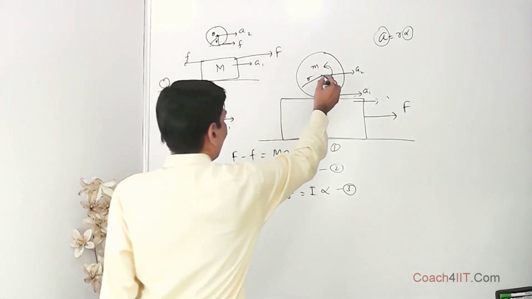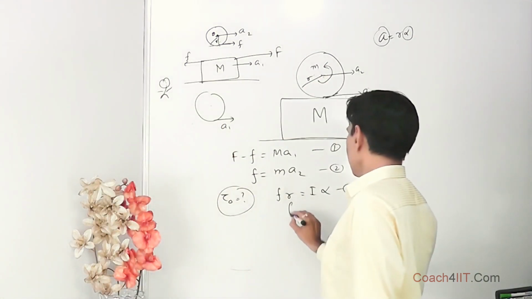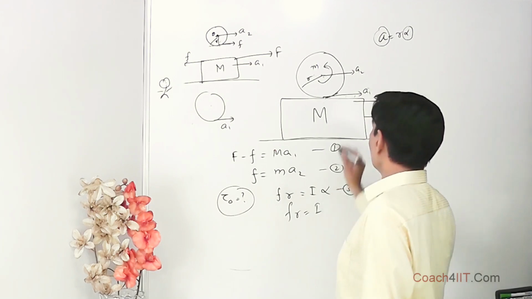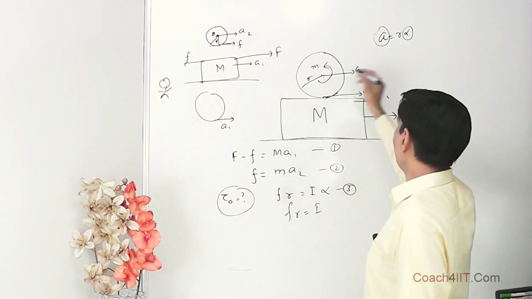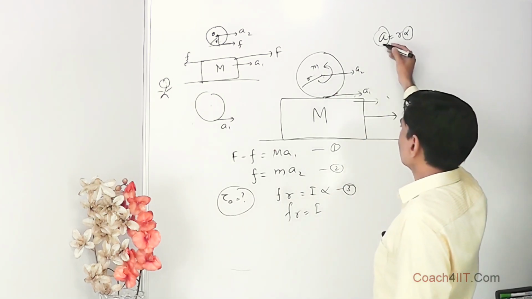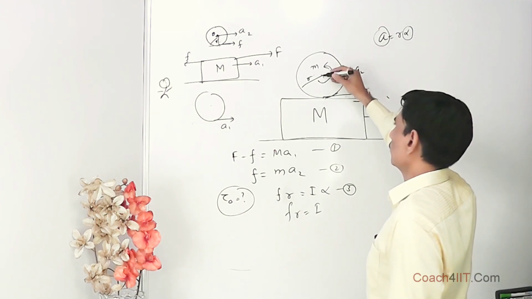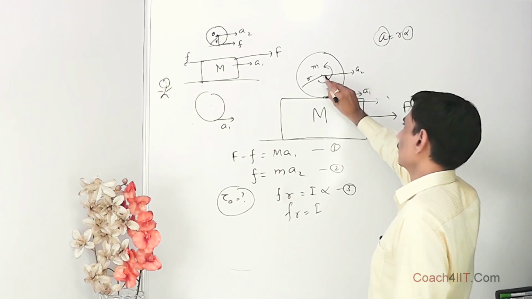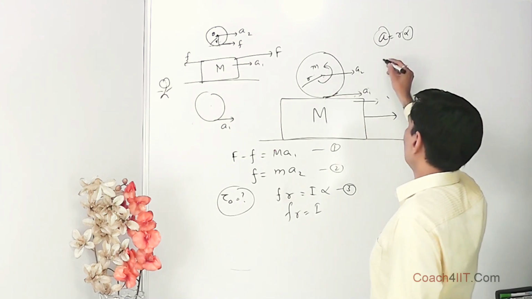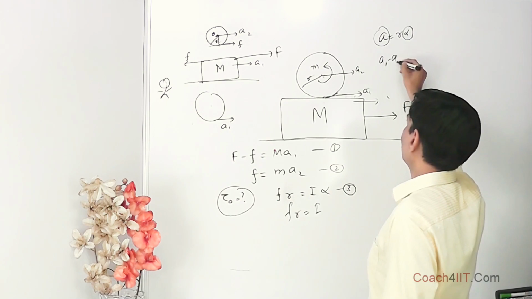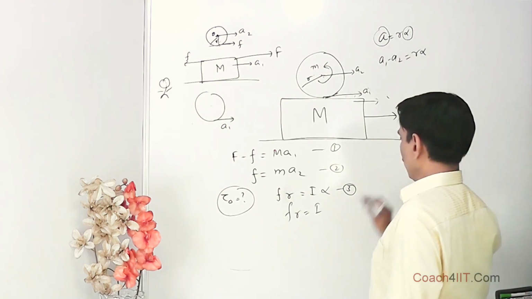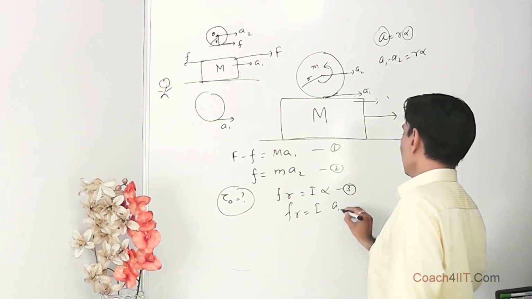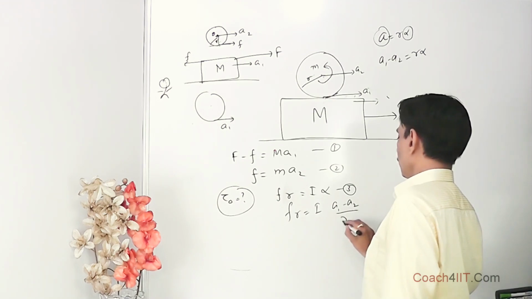When we apply A is equal to R alpha, A is the acceleration of this with respect to this. The absolute acceleration of this is A1, and of this is A2. So the relative acceleration is going to be A1 minus A2 is equal to R into alpha. That is, alpha is going to be A1 minus A2 upon R.